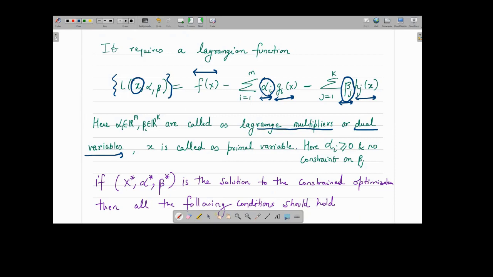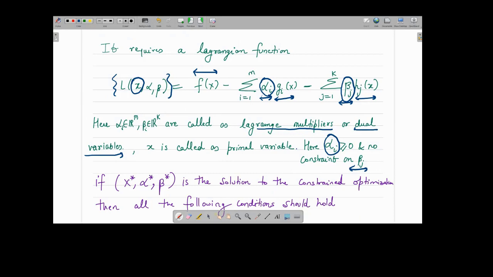So x is the primal variable, and note that there will be a constraint on these values alpha_i. Alpha_i has to be always greater than or equal to 0. You cannot have a value less than 0. That is the main constraint on alpha_i. And on beta_j, there is no constraint. So we do not want any constraints on beta_j.